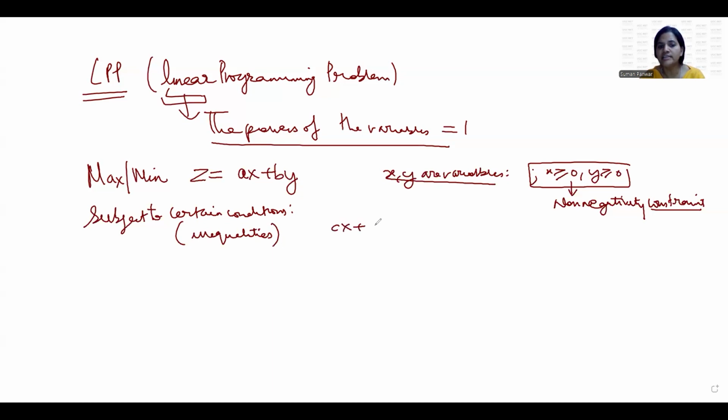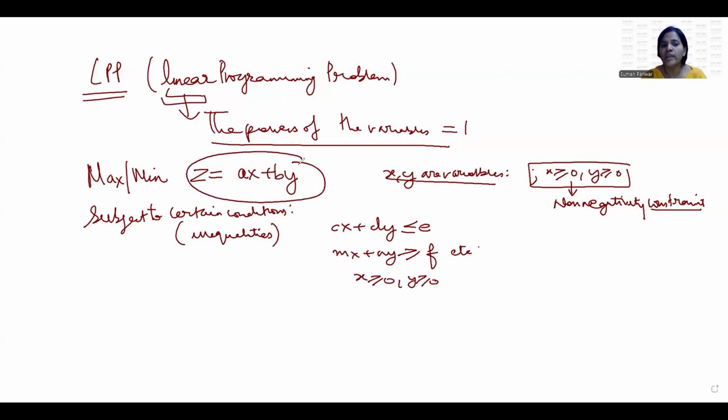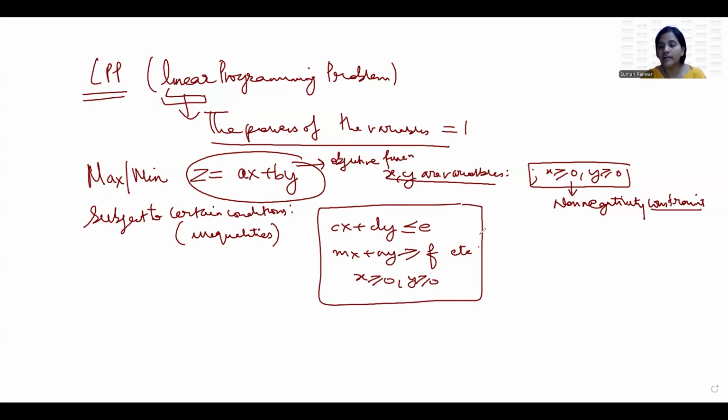They will look like this: cx plus dy less than or equal to e, mx plus ny greater than or equal to f, something like this, etc. And we already have these non-negativity constraints. So this is known as the objective function. The function which we are maximizing or minimizing is known as an objective function. The conditions under which we have to maximize or minimize the function are known as constraints.